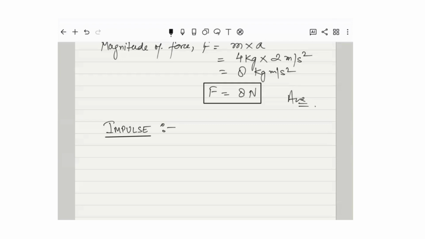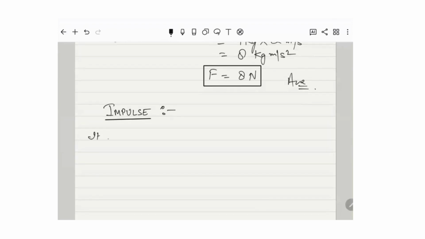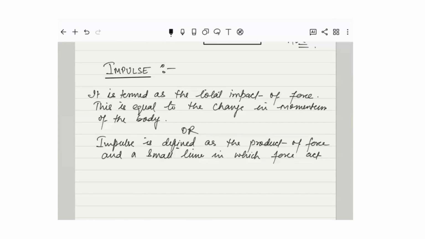So write down, it is termed as the total impact of force. Okay. So impulse is defined as the product of force and the time for which that force is acting on the body. Right? Is that clear?